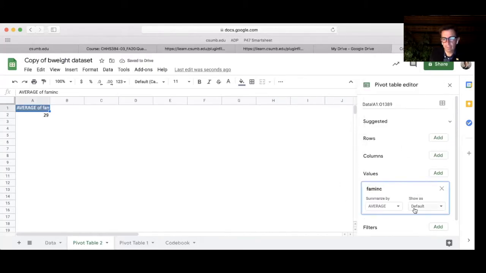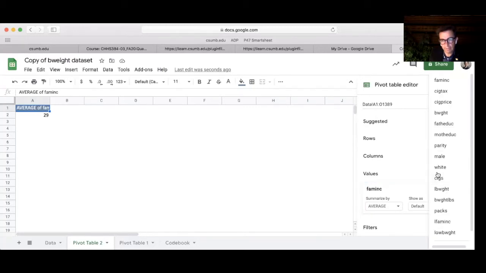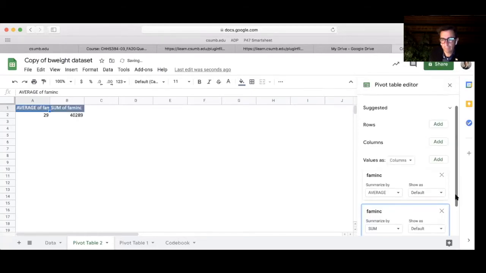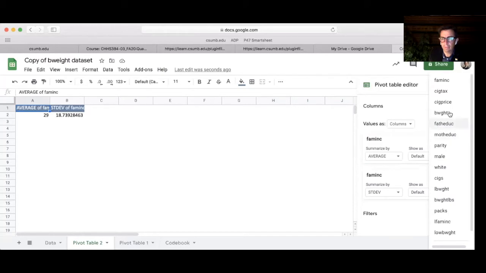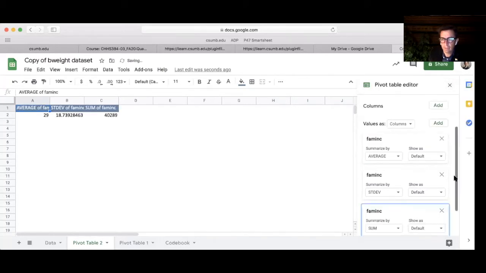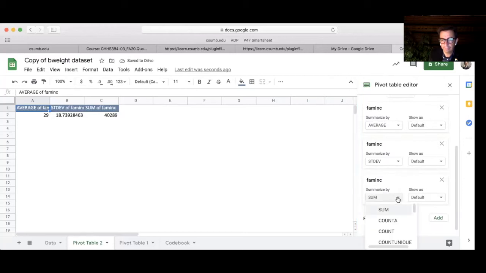This is the average family income. We're also going to add, again for family income, the standard deviation, right? It's 18.7. And we're going to add one more thing, the count for family income, to see how many observations we had.